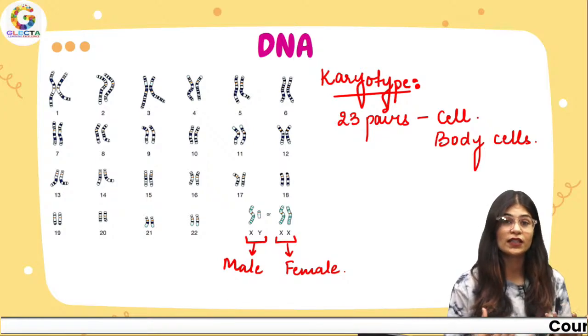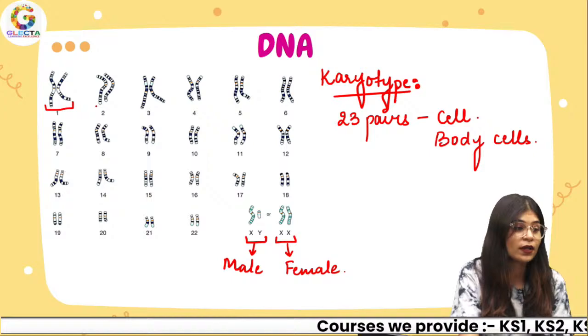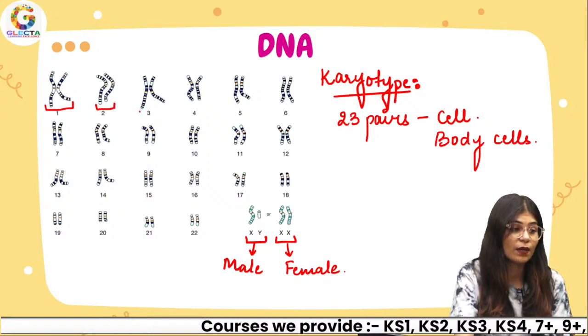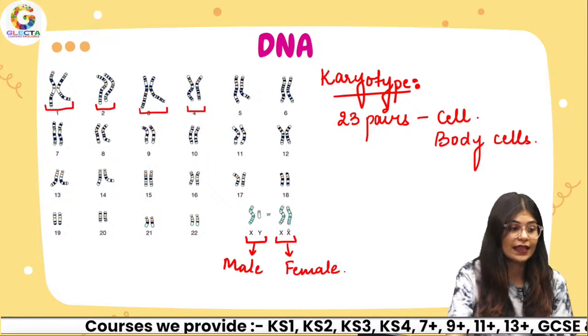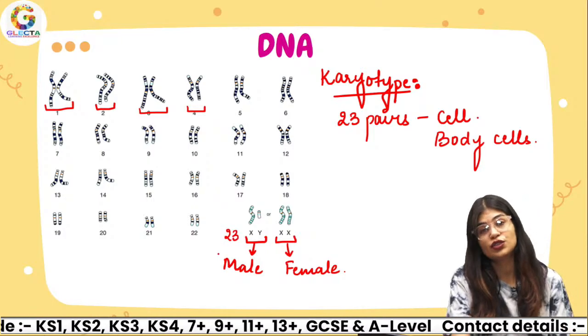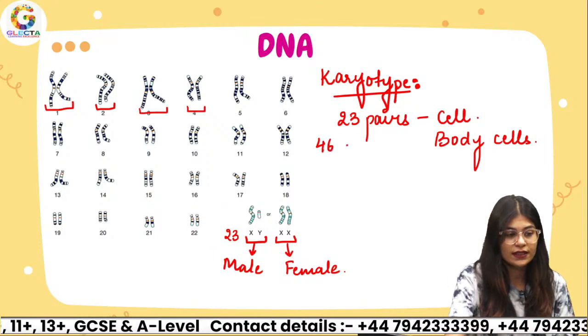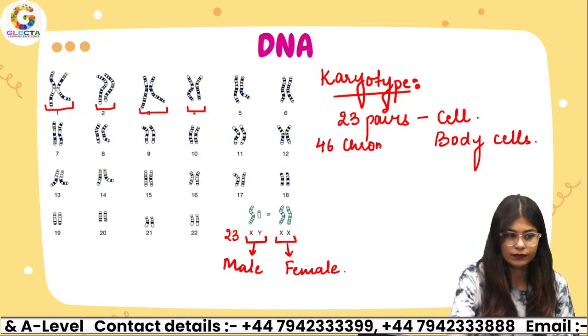For example, here you see pair number 1 having 2 chromosomes, pair number 2, pair number 3, pair number 4, and like this you have 23 pairs of chromosomes, which means in total the number of chromosomes is 46.